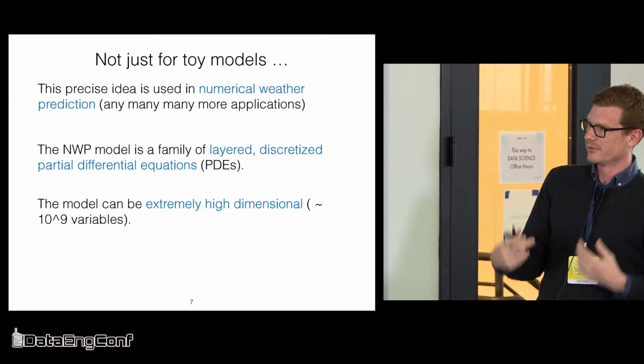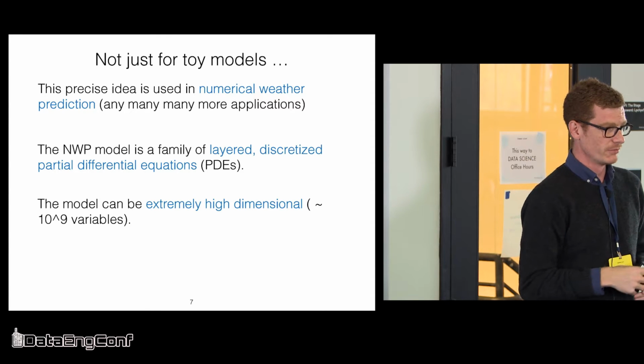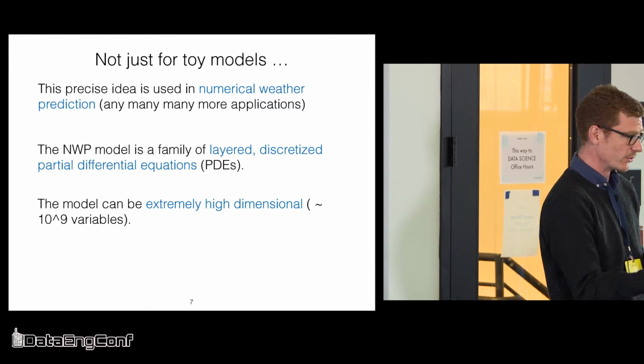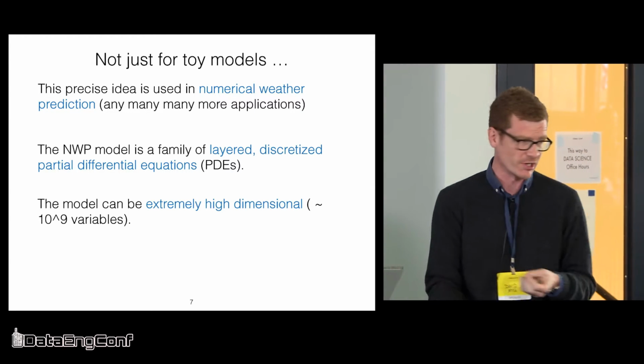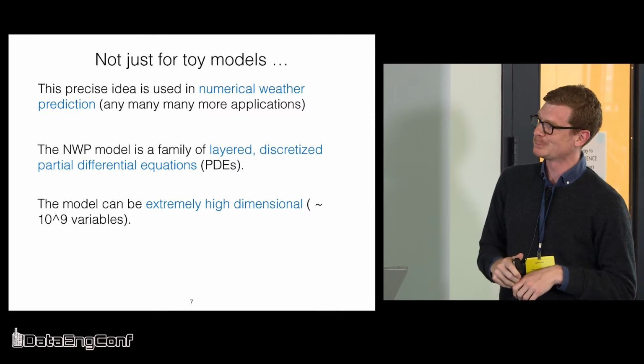This gives you something that is extremely high dimensional if you do it for a large space of the Earth. And there are so many different variables that you care about at each point in space. You care about pressure, you care about temperature, you care about ocean currents. This gives you an extremely high dimensional model.